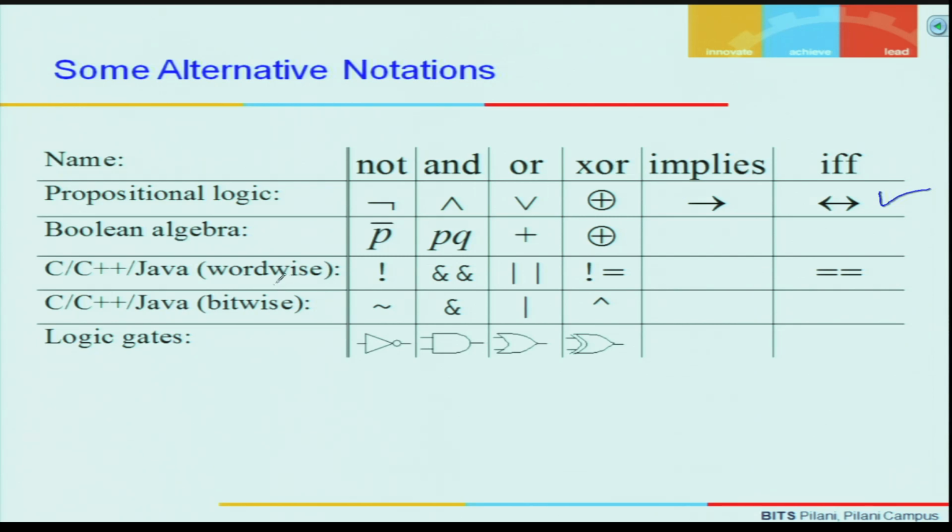And in C++, Java and so on, which you are aware of, not is exclamation, and is like this, OR is like this, and XOR is like this. That is how the notation generally varies, but all of them mean the same thing that we discussed. All are binary or unary operators.